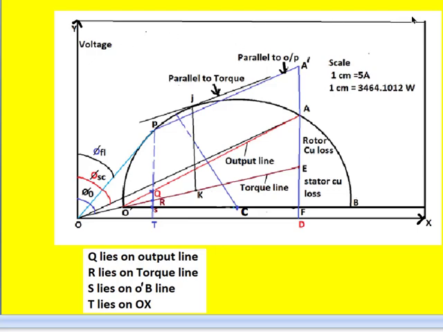So let me consider first the diagram which is amplified. To draw the circle diagram, this is the procedure. First, draw the x-axis line and y-axis line like this. This is the y-axis, which represents the voltage parameter, and the joining point of x and y is the origin O.